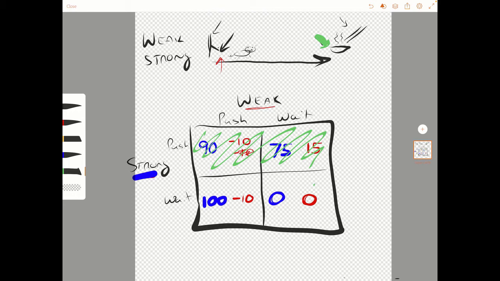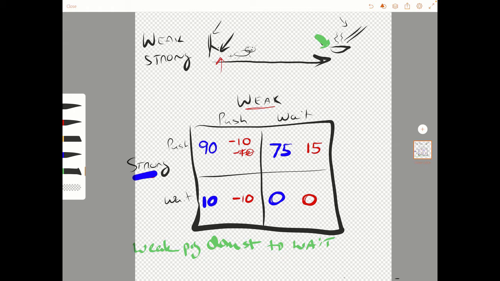And if the strong pig waits, then it is also in the weak pig's interest to wait because 0 is bigger than -10. So in this case, what we see is a game where the weak pig has a dominant strategy to wait, while the strong pig has no dominant strategy.